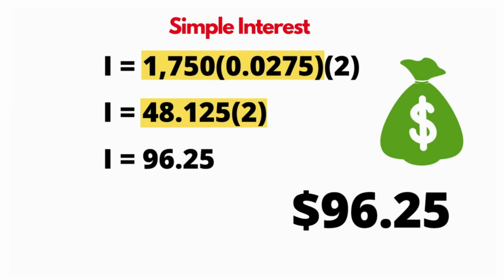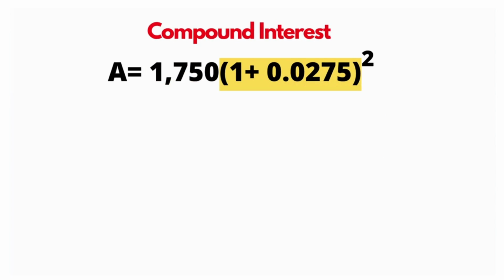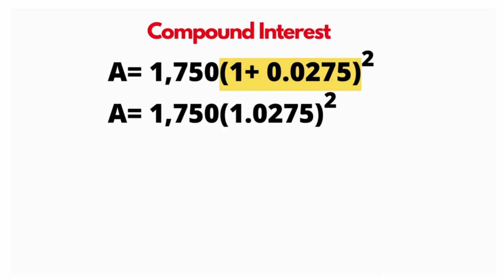Now we go to the compound interest, which is a little bit trickier. We're going to have to do parentheses and exponents first. So we have to do the parentheses first, following PEMDAS. When we add those together, it's just adding 1 to the decimal form of our interest rate. We'll go ahead and simplify that. It's best to just write it down and simplify step by step.